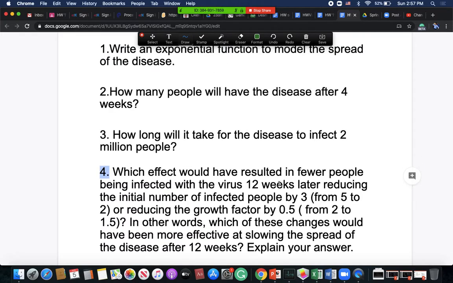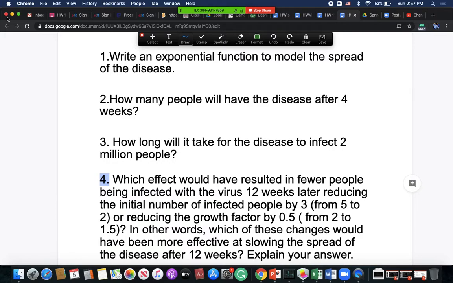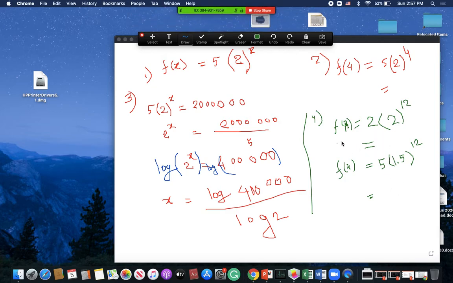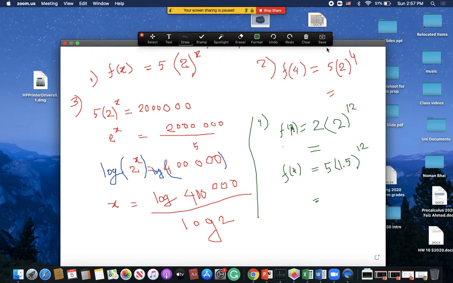I'm not just telling you because I know which setup is better here. Just do the calculation, then you will see which method is better to reduce the number of infected people, and that will give you more sense of what this kind of maths is doing and what its function is.